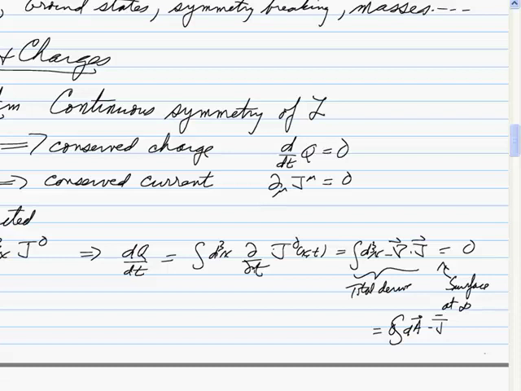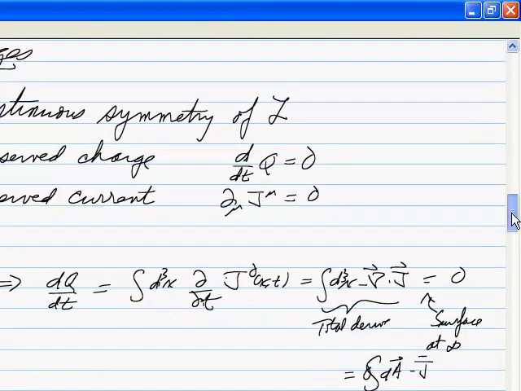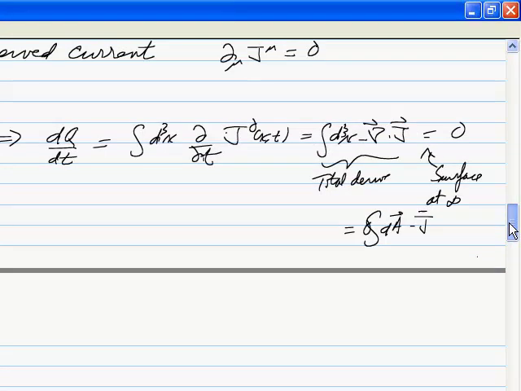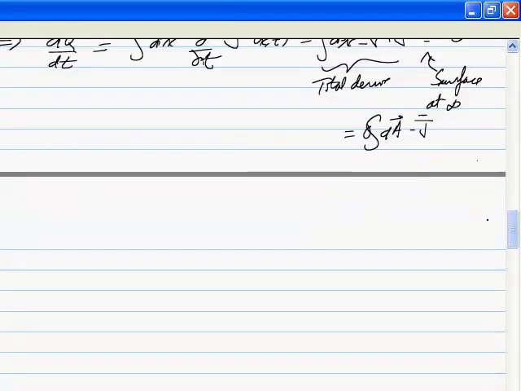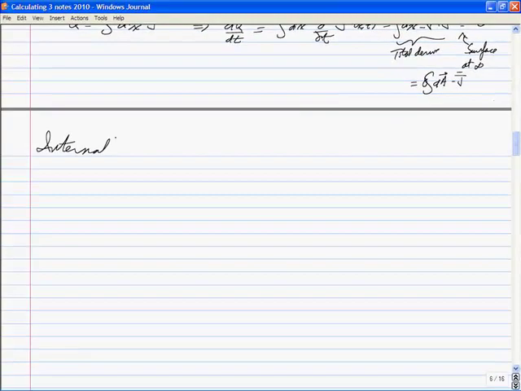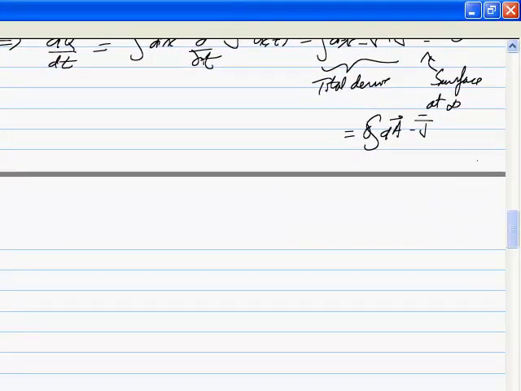Okay, but that's not the big action. The big action, that's lore which I think you've heard of before. The real point of this is to show you how to calculate it. Okay. So there's two separate cases. One case is what are called internal symmetries, which I'll do first. And the other case is space-time symmetries, which I'll do briefly second, which is the energy momentum tensor.